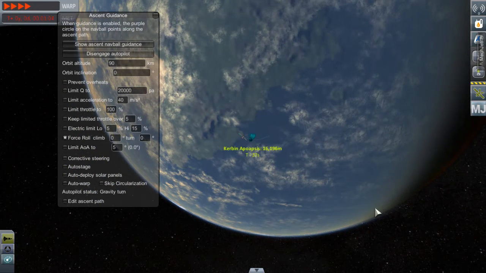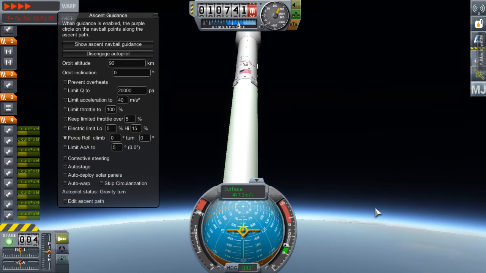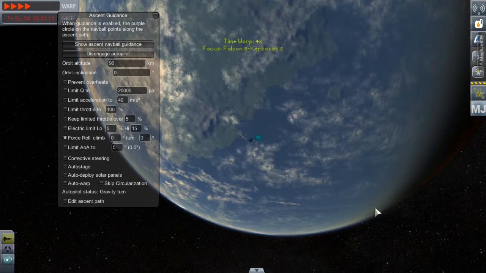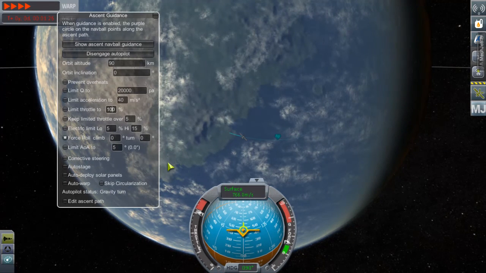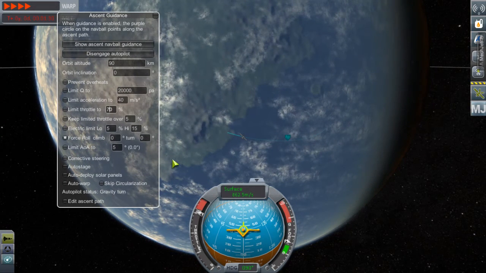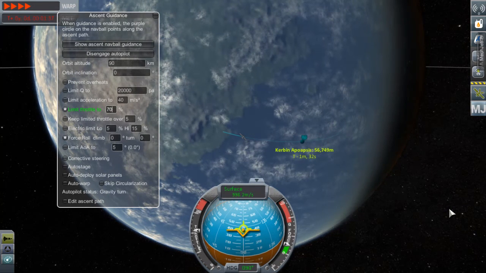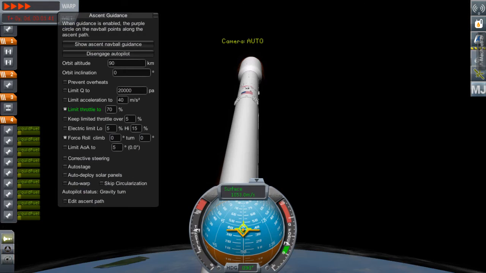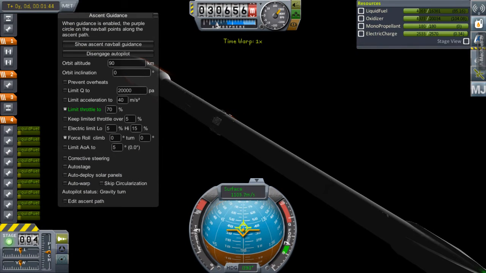Apoapsis at 12 kilometers. Apoapsis above 20. Throttle limiter set 70 mark. The thrust limiter on the first stage is set to 70%.